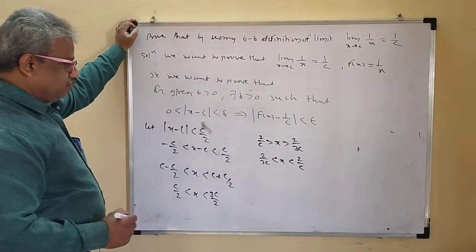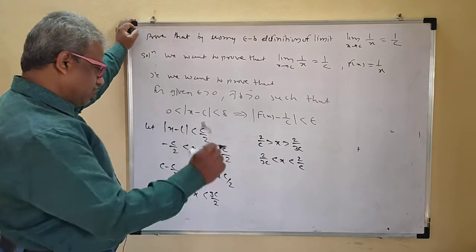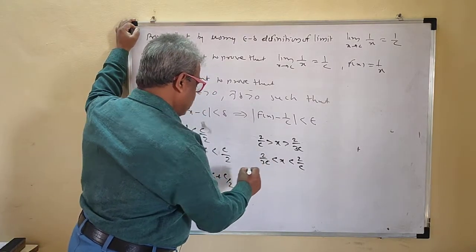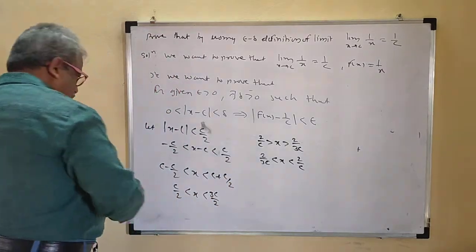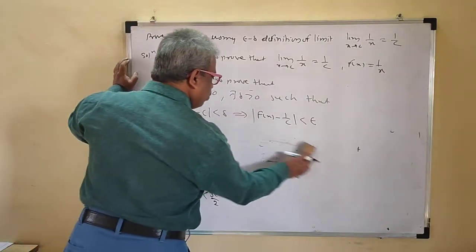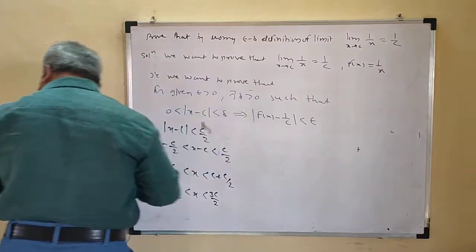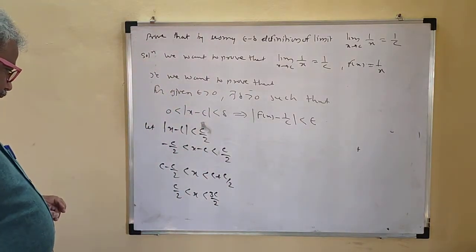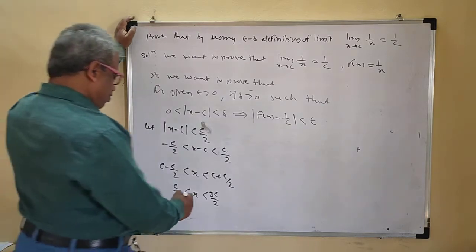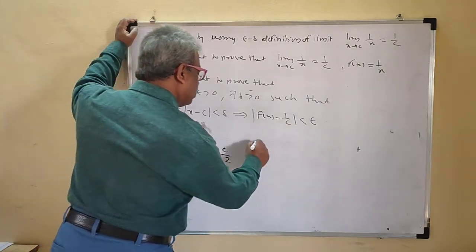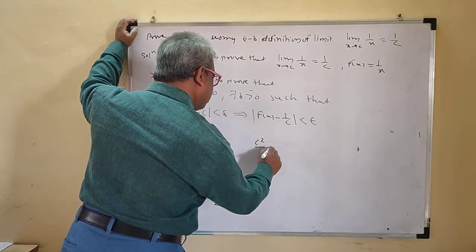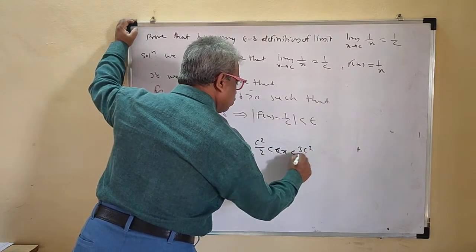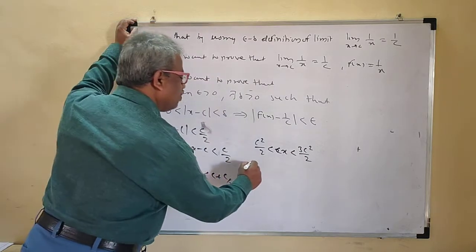Why we did this, we'll see later on. So we get c square by 2 and cx. We'll take a reciprocal of this one.